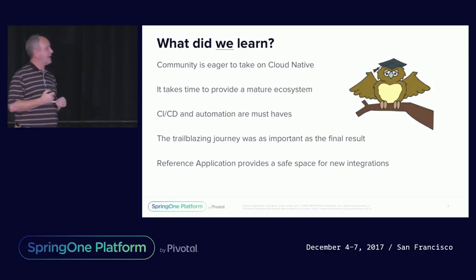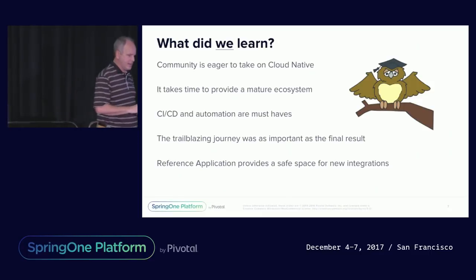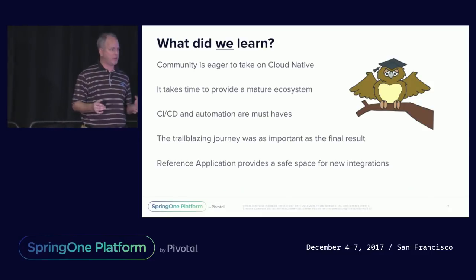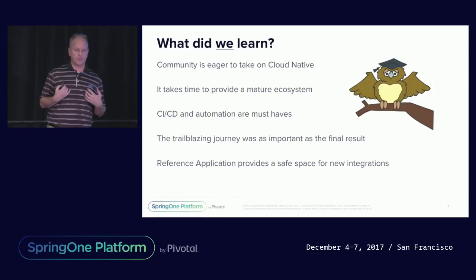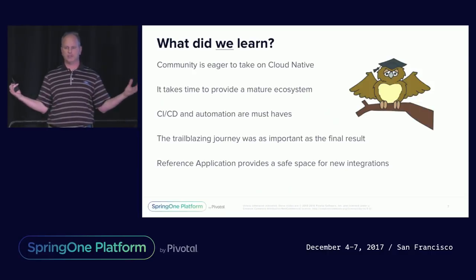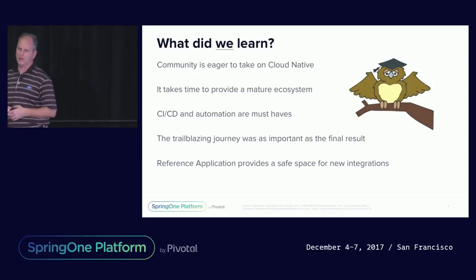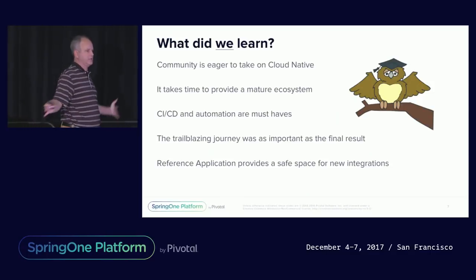What else did we learn? It takes time to deliver a mature ecosystem. What I mean by that is we had been on WebSphere for a long time, and I kind of took it for granted that for teams delivering something in WebSphere, all of these concerns were figured out. Security was already figured out. Deployment frameworks, monitoring, all these things were done for you.